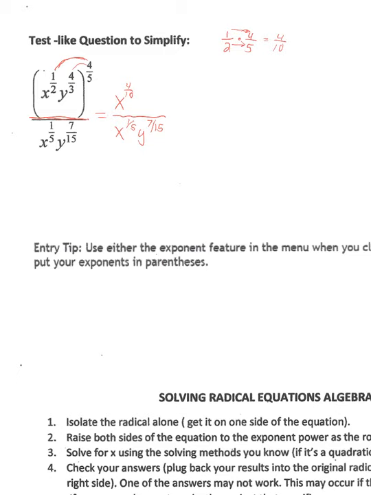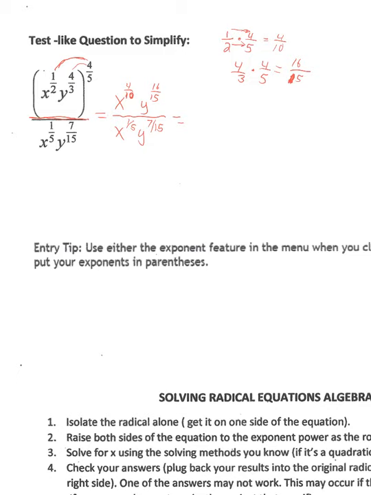And on the y's, I've got to multiply 4/3 times 4/5. So tops with tops, numerators with numerators, 16, 15. So I get 16/15. So I have my ugly looking fractions.